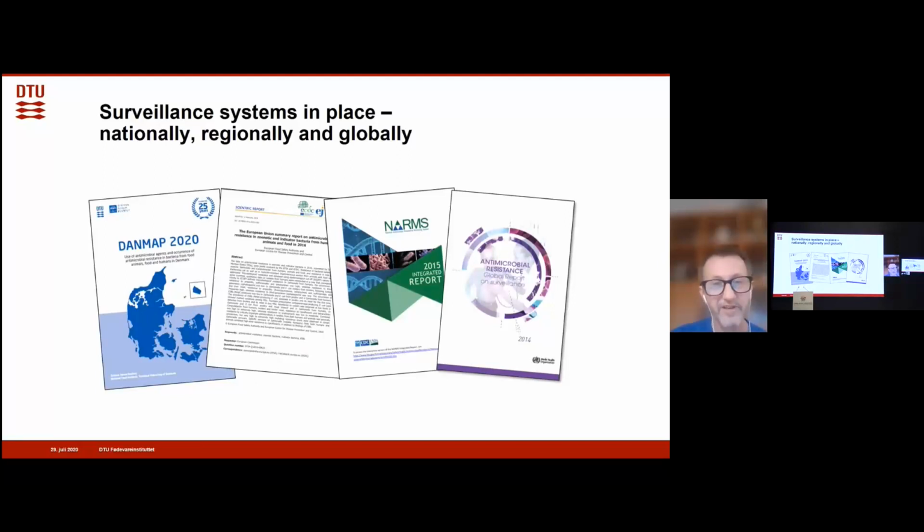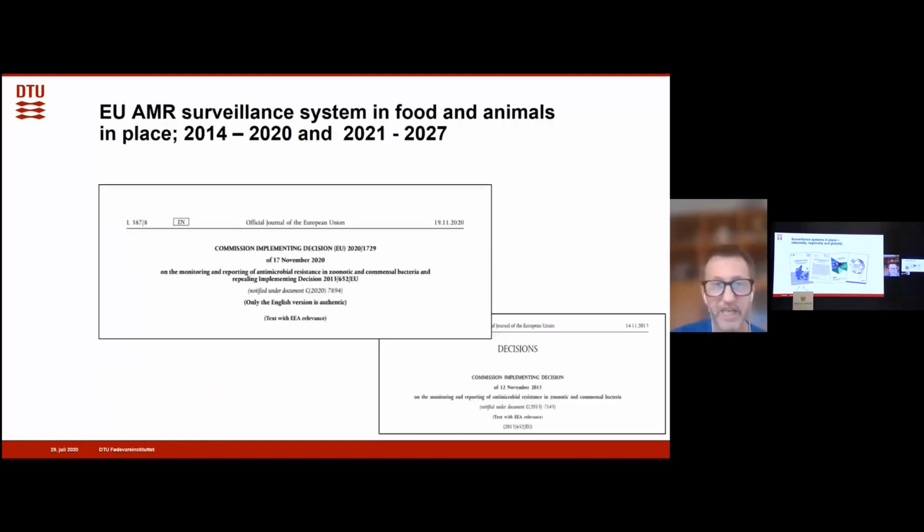But we also have, for instance, regional surveillance from the EU region, but also NARMS from the US, and then also a global surveillance with the GLASS initiative from WHO. So we already have some surveillance in place.